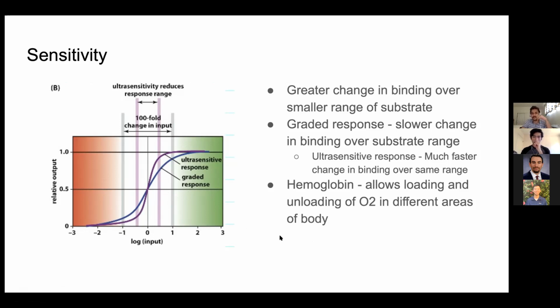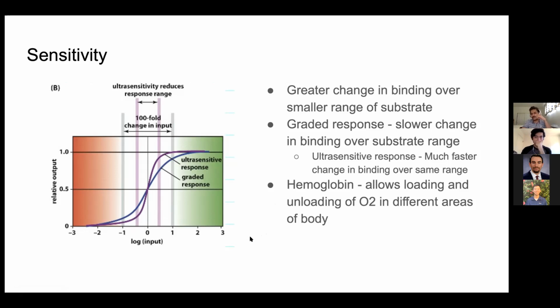So in terms of hemoglobin, that allows it, in the lungs where there's a lot of oxygen present, to pick up a lot of oxygen. It'll be highly saturated. But by the time it gets to the tissues where there's low oxygen concentration down here, it won't bind it as much, and it'll be able to unload that oxygen to give to the tissues.